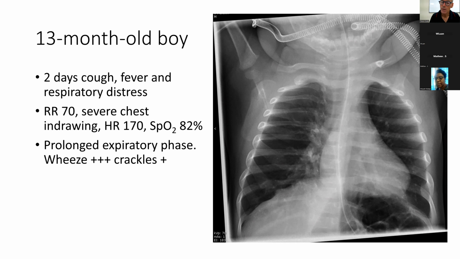The ribs are horizontal. That's right. In fact, they look separated and horizontal, don't they? Sometimes you'll see that in very hyperinflated lung fields because the ribs are more separated than they normally are, because the child's had to take a very deep breath in. That's very good. So the hemidiaphragms are flat and the ribs are more separated.